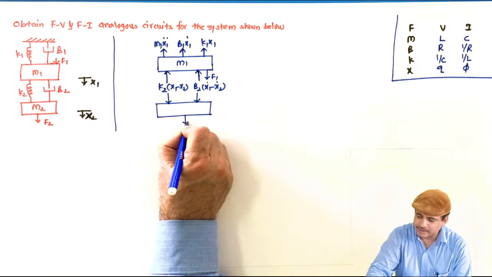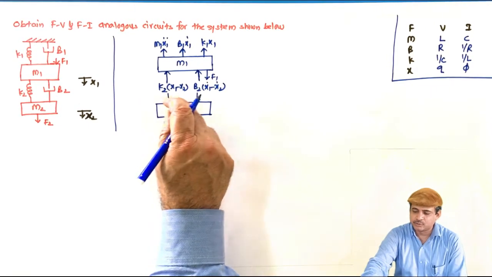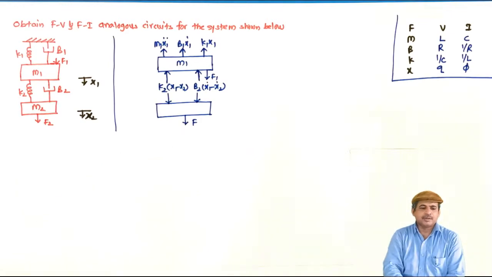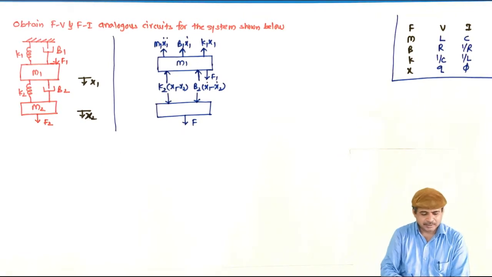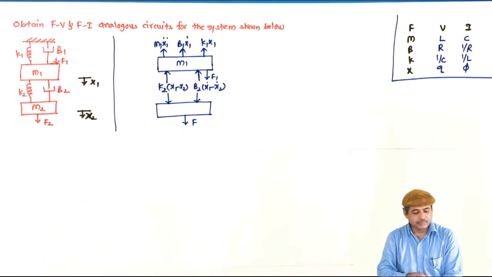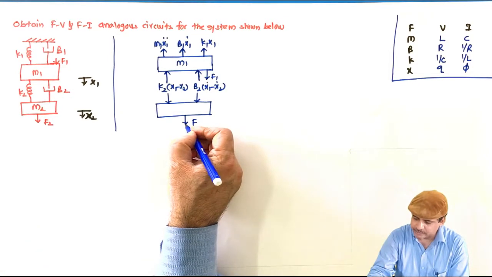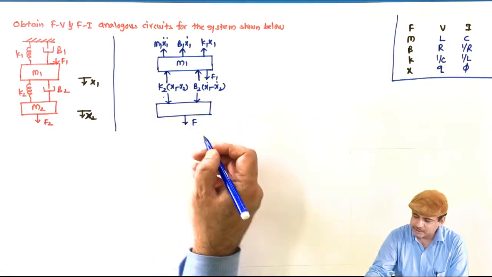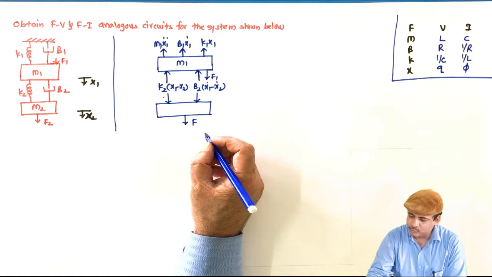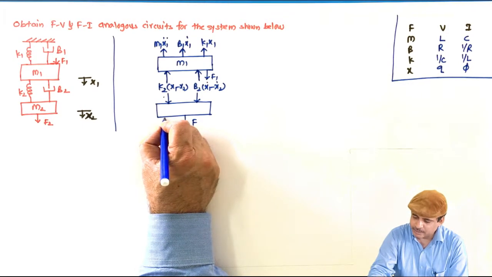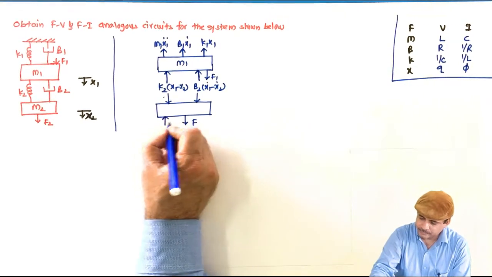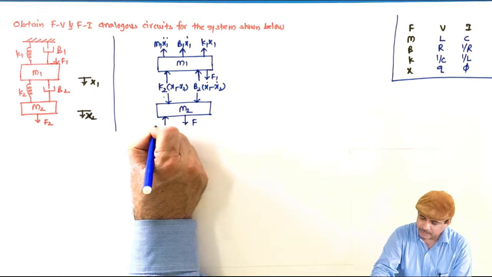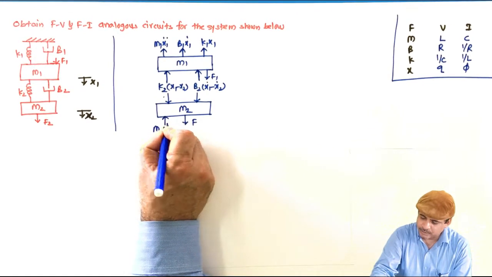This force is acting downwards. These three forces will be opposed by M2. So I write here M2 x2 double dot.